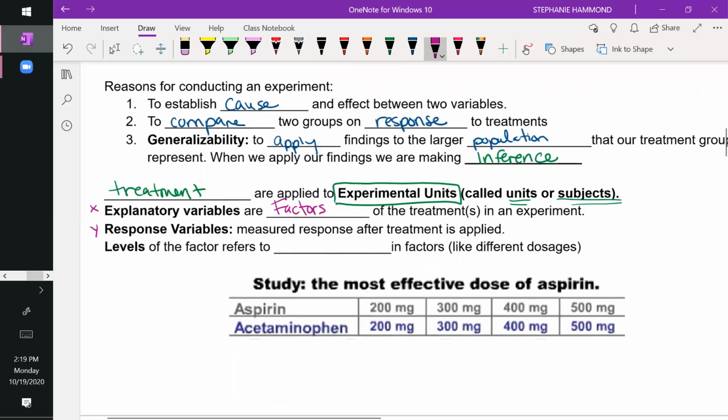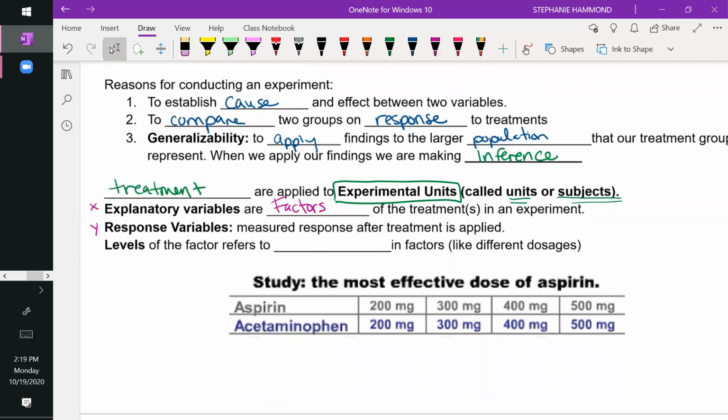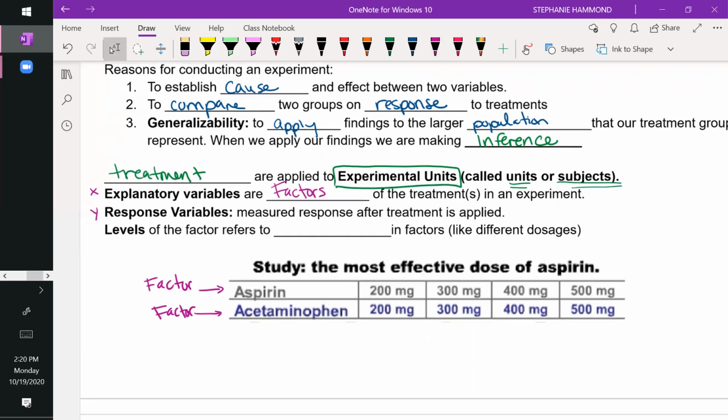So here in this picture, we have a study where people are being given aspirin and acetaminophen. So the factors of our explanatory variable are the aspirin and the acetaminophen. So this explanatory variable consists of two factors. And within those two factors, there are different levels being applied.